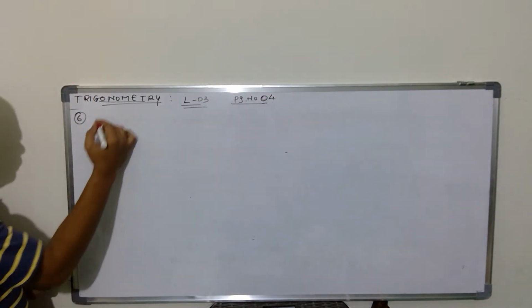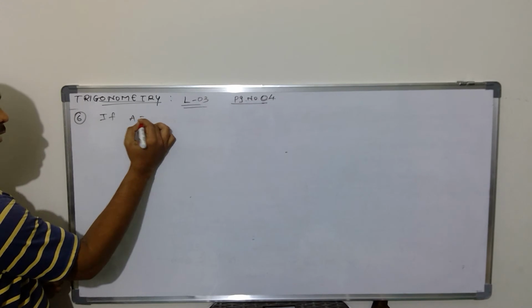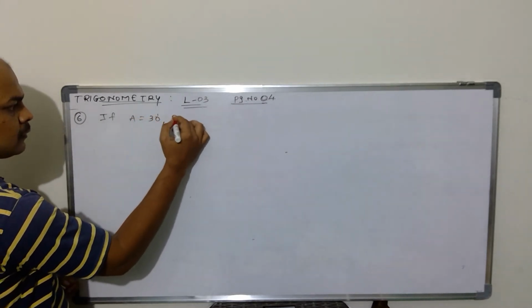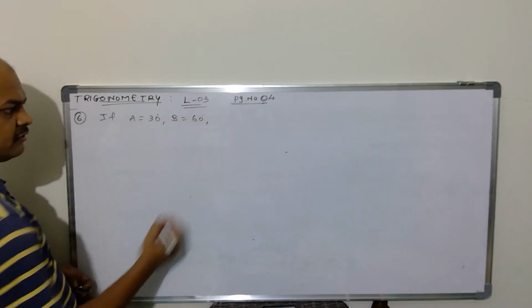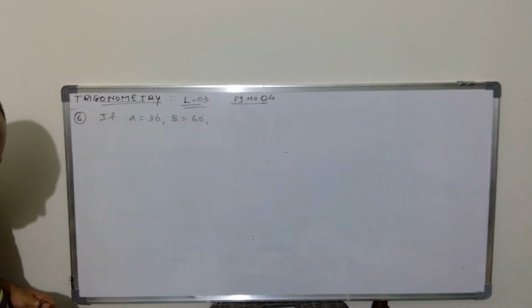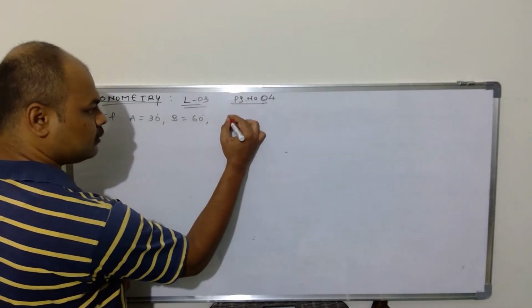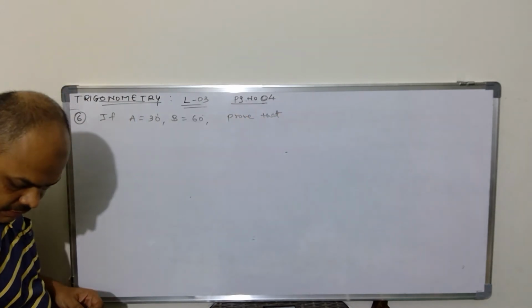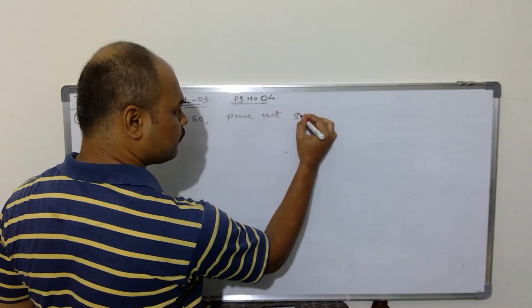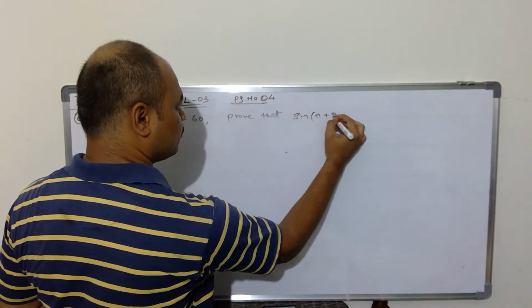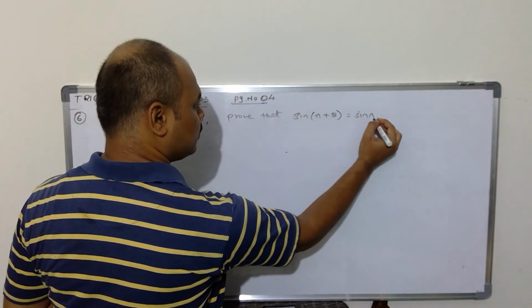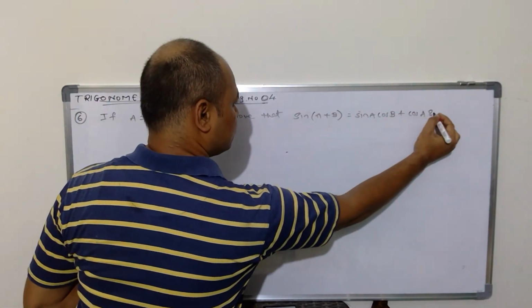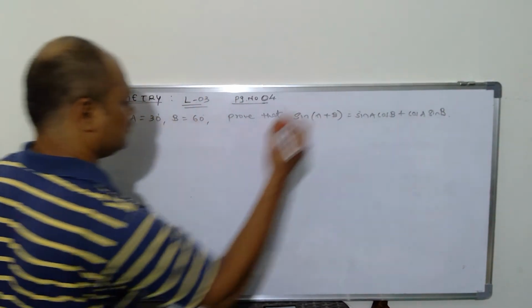If A is equal to 30 degree and B is equal to 60 degree, verify, or we say prove, that sine A plus B equals sine A cos B plus cos A sine B.